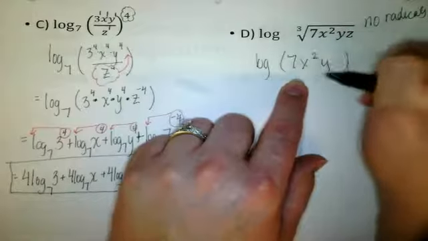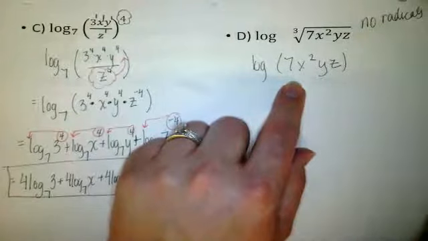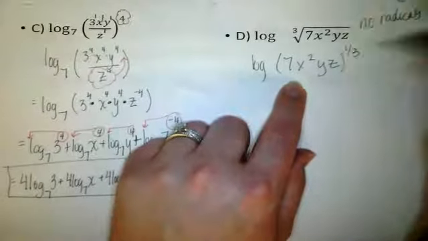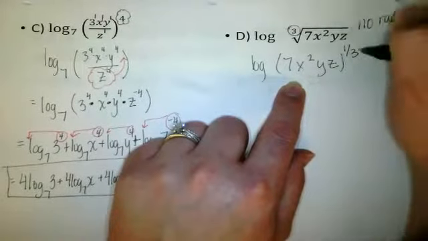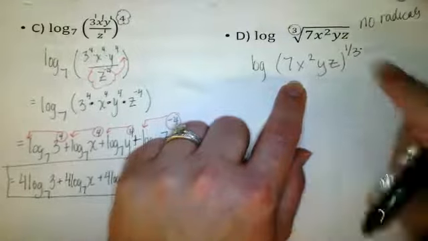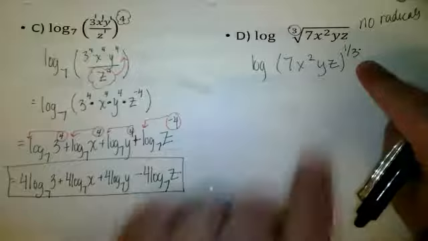The cube root of 7x squared yz. What power can I use instead of the big cube root? Not 1/2. 1/3. Power over index, the index of 3. Okay. Now, what is this 1/3 affecting? Everything.